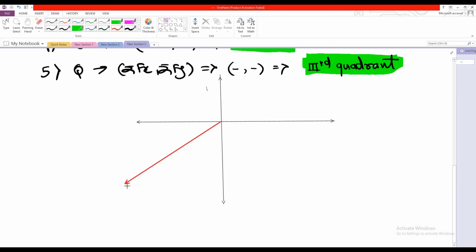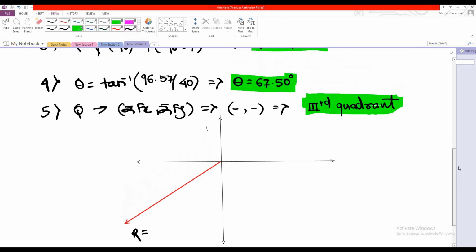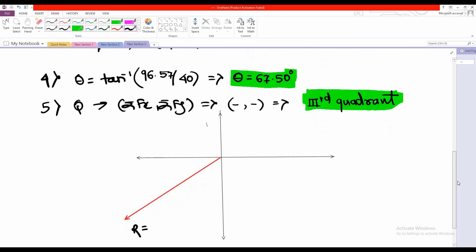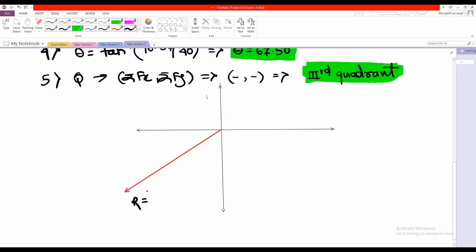Third quadrant, therefore this is the R we are talking about. Okay, let's name it R. What is the value? 104.53 Newton. And how much is the angle theta?